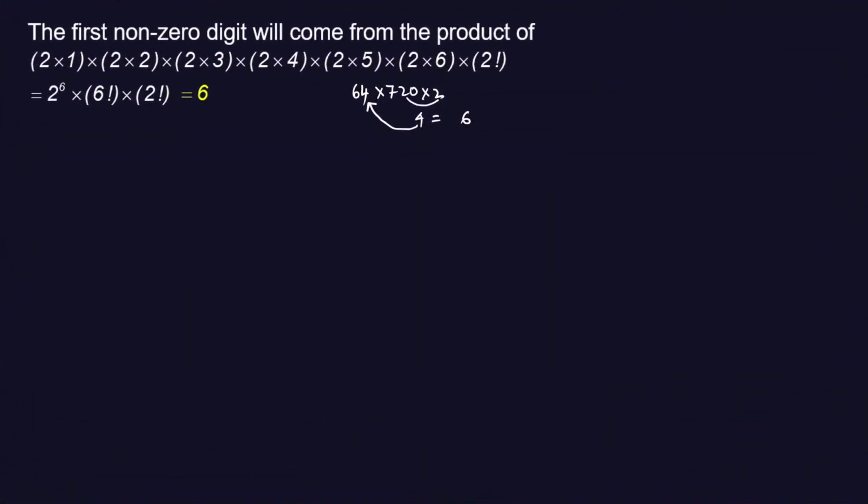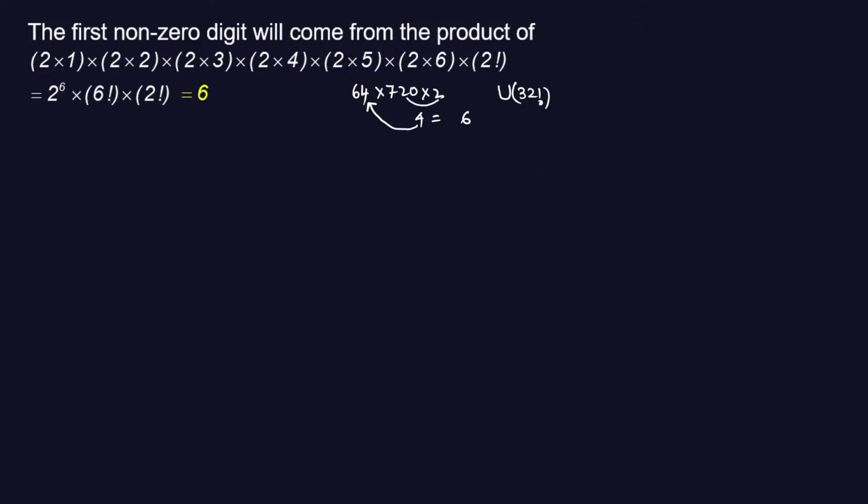The first non-zero digit, I will denote it by U. That means, if I say U of factorial 32, it means we are talking about finding the first non-zero digit in factorial 32. That is the notation.